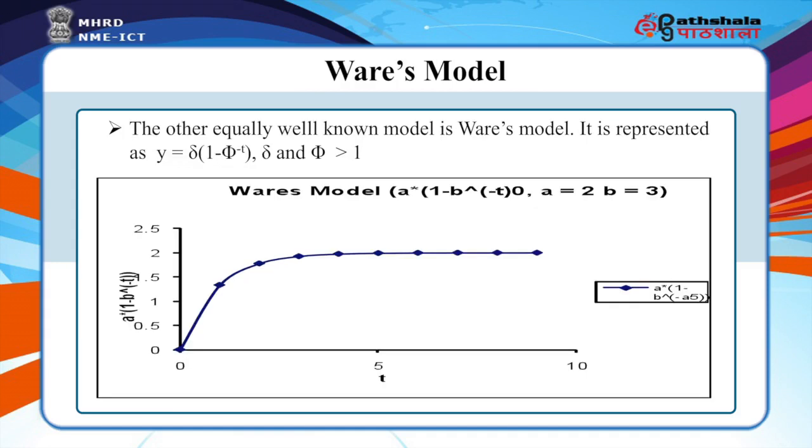The other equally well-known model is Ware's model. Ware's model is represented as y = delta(1 - omega^(-t)), where delta and omega are greater than 1.